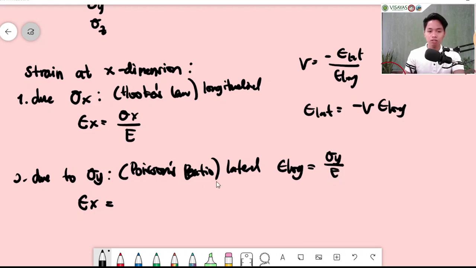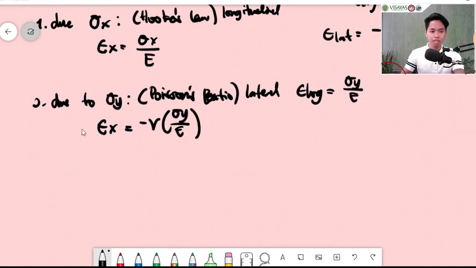Because again, ang atong longitudinal stress is si Y. So delta Y is sigma Y over your E. So to solve for the lateral elongation or lateral strain sa x-axis, you just have to use your Poisson's ratio. So that would be negative V multiplied by the longitudinal strain, which is sigma Y over E. Diba? So, the same gihapon.